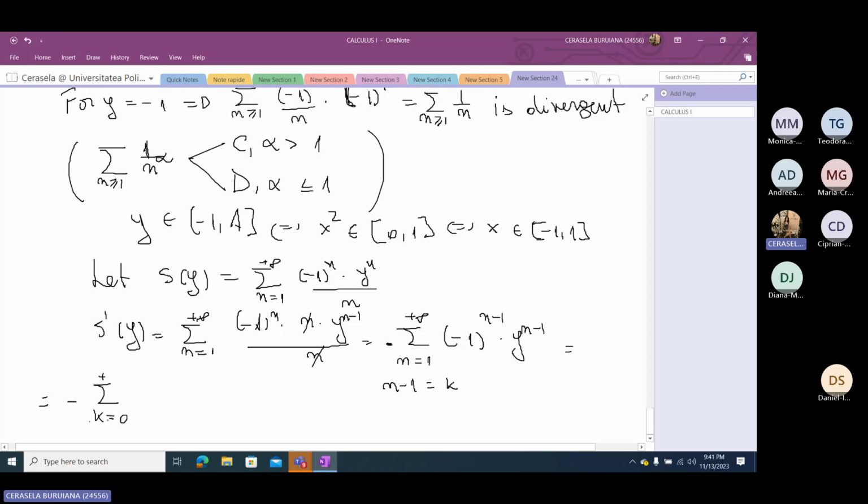So I get the sum from k equals 0 to plus infinity of (-1)^k times y^k. But this can also be written as the sum from k equals 0 to infinity of (-y)^k. Do you agree with this?